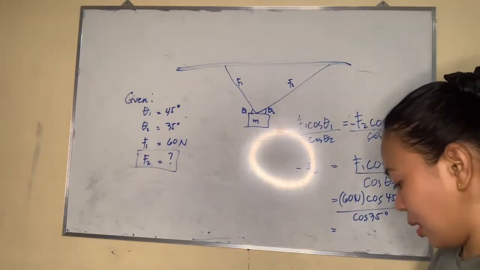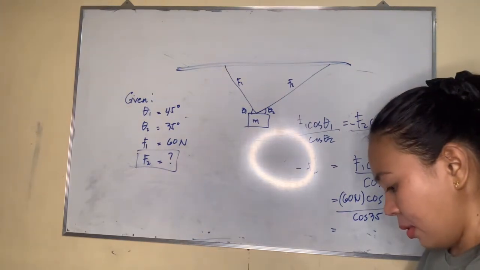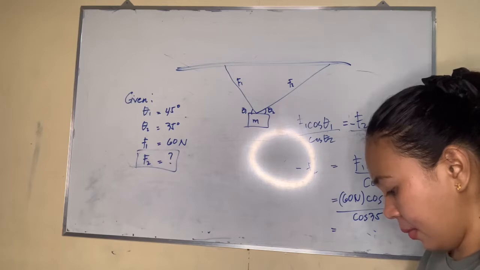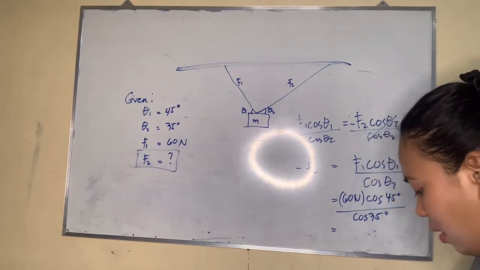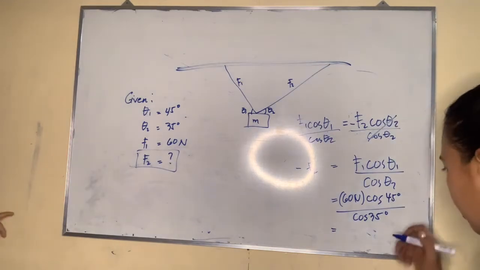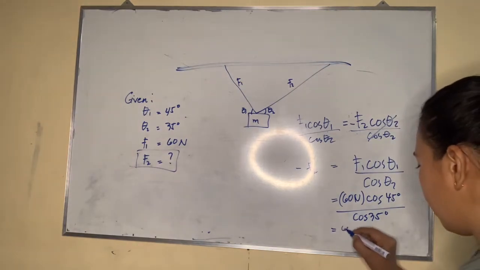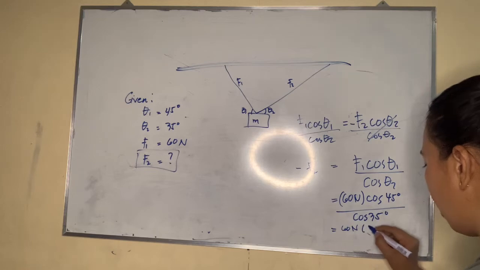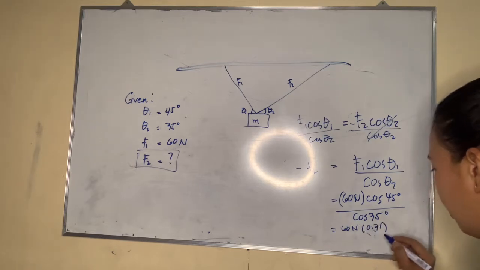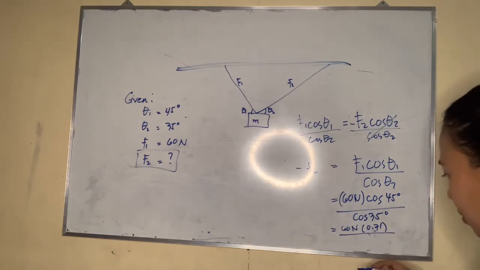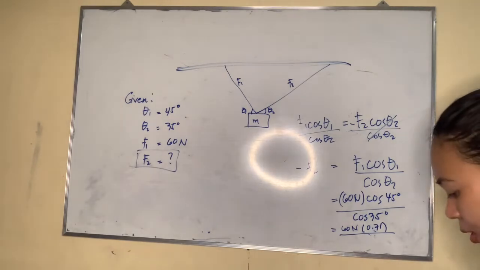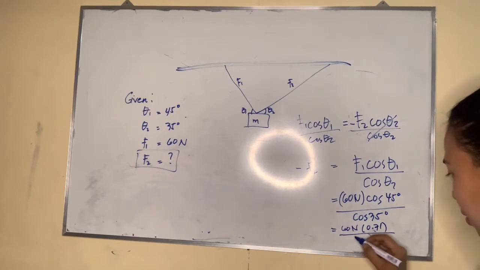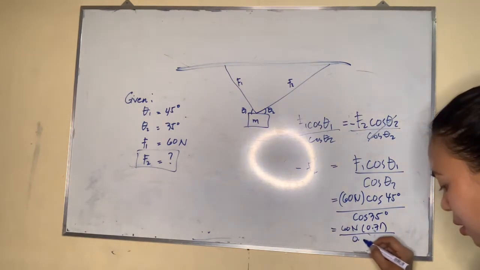So, what is cosine 45? Cosine 45 is 0.71. So, 60 Newton times 0.71 divided by cosine 35, which is 0.819.